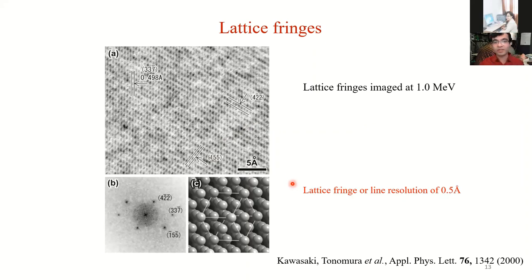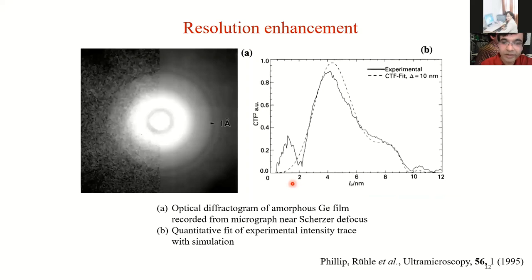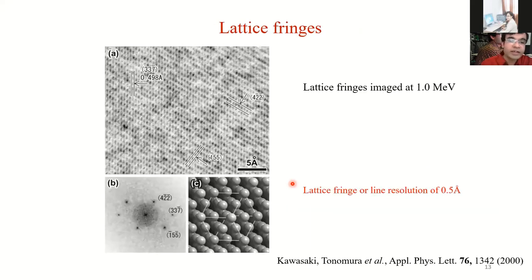This lattice fringe resolution is different from the structure image resolution. You can see the lattice resolution is twice as good as the structure image resolution. And here you can resolve these 0.498 angstrom lattice fringes of gold.